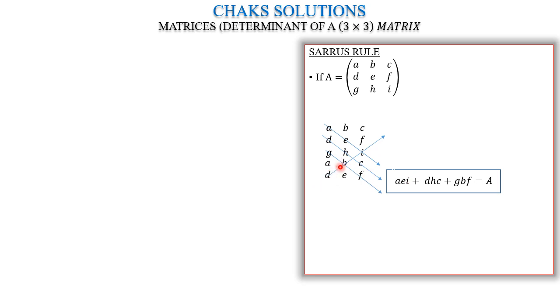So this is G, E, C, plus A, H, F, plus B, D, I. Alright, so this will give me a certain value B. So the determinant is equal to the value of A minus B. This is how we find the determinant using Sarrus's rule.